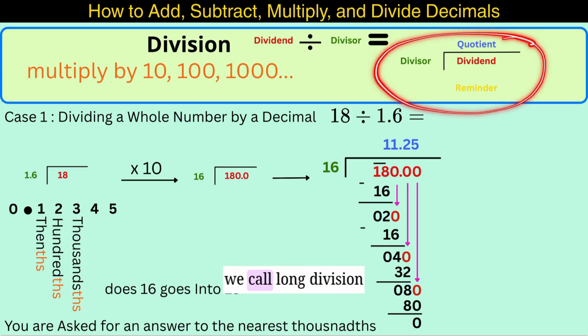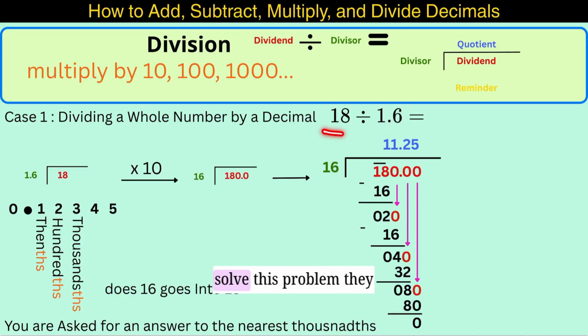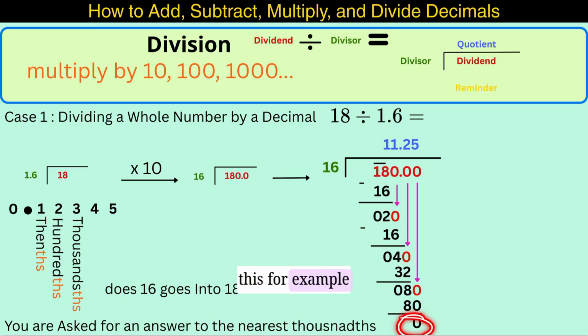This is what we call long division, like this one here. Sometimes, instead of asking you to solve the problem, they will ask what is the remainder for this problem in here, and they will give you choices. So you have to go all the way to the end, and you have to put this, for example. That's why it's very important to know these components.